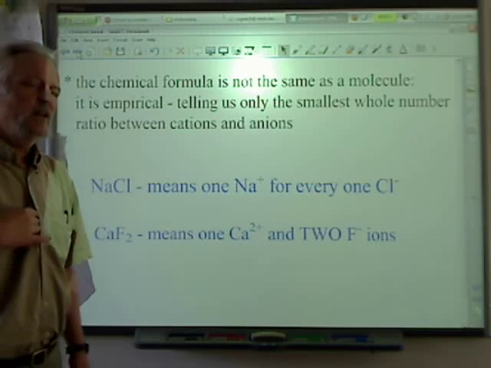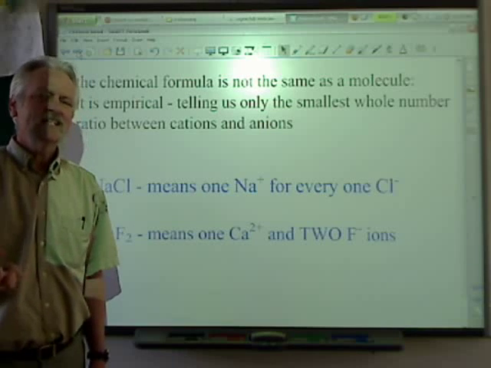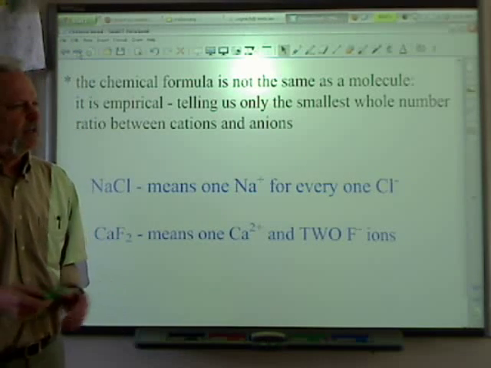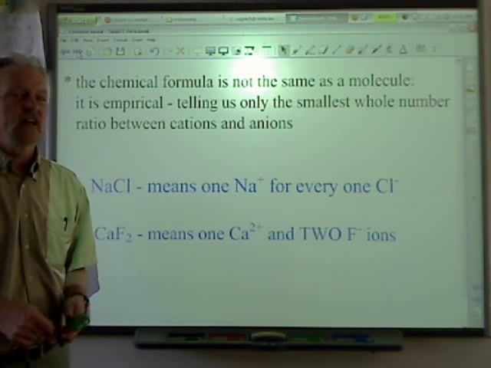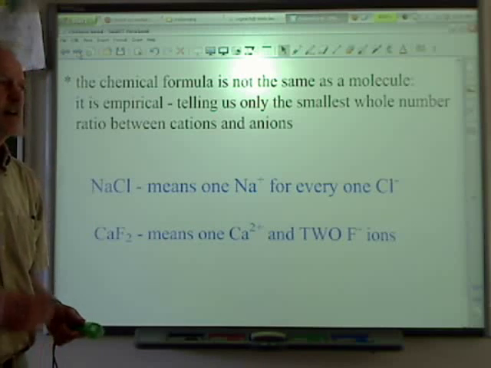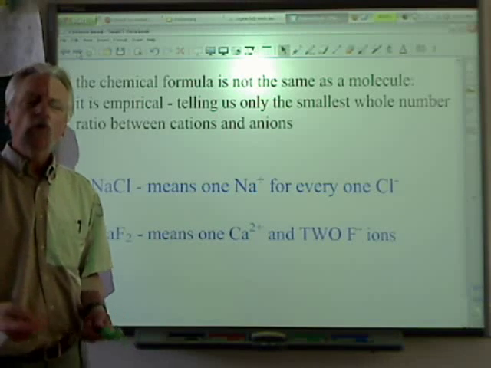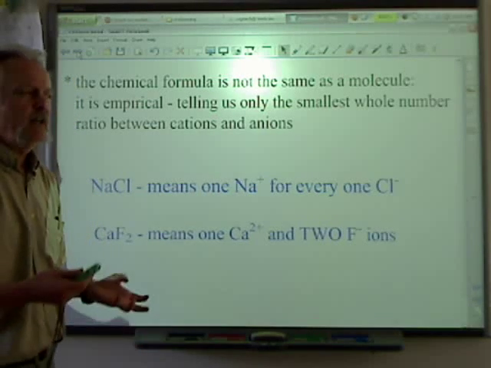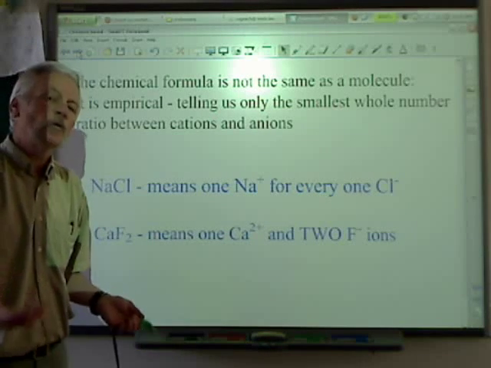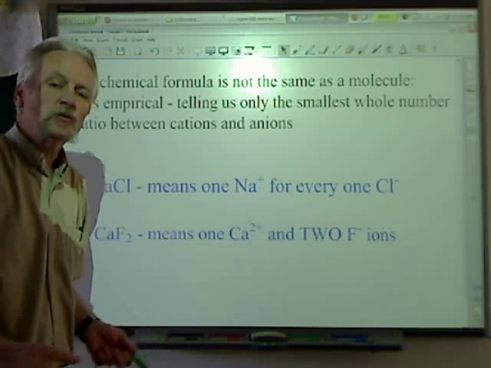In the case of the covalent compound, the formula actually is the molecule, a discrete unit. In the case of an ionic compound, the formula is a simple empirical one, meaning it just specifies the smallest whole number ratios between cation and anion in order that the formula have electrical neutrality.